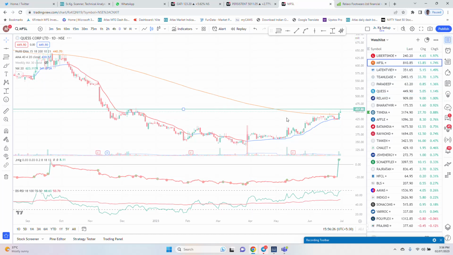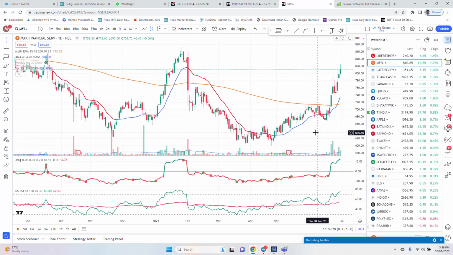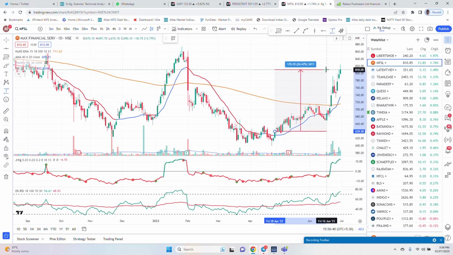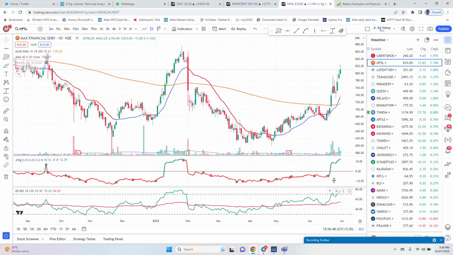For example, if I want to share this one stock, see here, this stock has already given you a buy signal at this level, which is 640, and from 640 the stock is now almost 26% up. You got the first Senior KG entry on 28th of April, and on 22nd of June Junior KG also gave a buy.